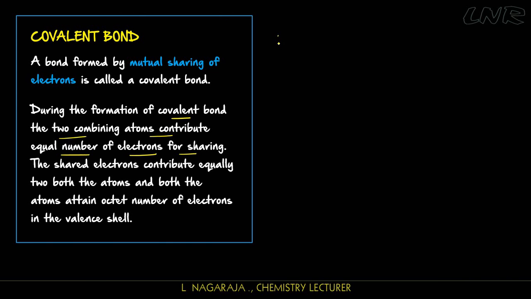For example, let us take the formation of a hydrogen molecule, that is the H2 molecule. Between the two hydrogen atoms there is a certain force of attraction. That force of attraction is a covalent bond.